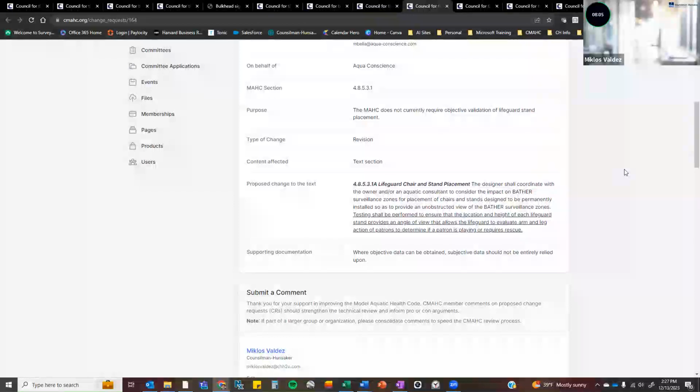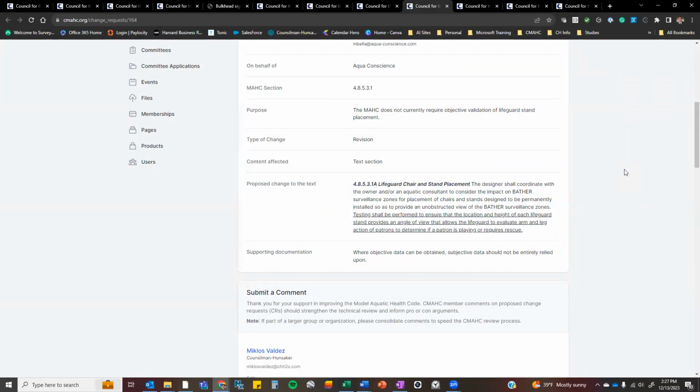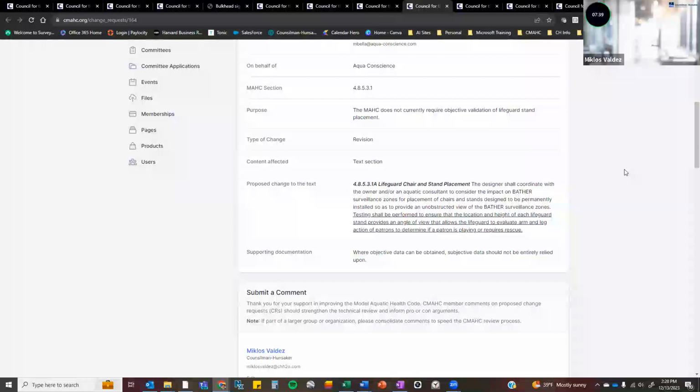Yeah, and this is in the design section, and when the facility is being designed at this stage, I don't know of what testing could be performed to determine this at this stage. That is correct. Yeah. So I think as written, it's a good idea.